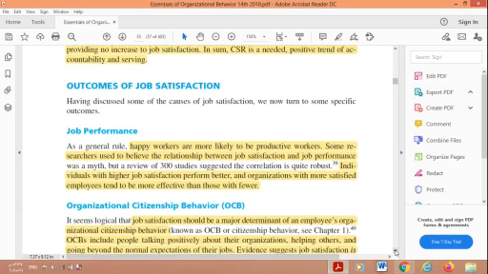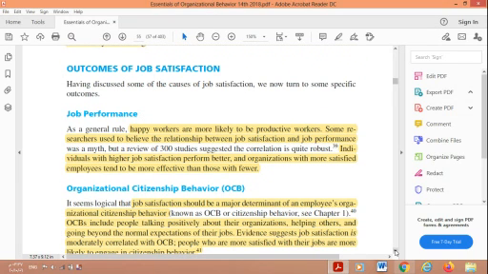Okay. A second outcome of job satisfaction is the organizational citizenship behavior. So what do we mean by organizational citizenship behavior? Simply when the employee is talking in a good way or positively about the organization, helping the others, so we can say that he has a citizenship behavior. Okay.